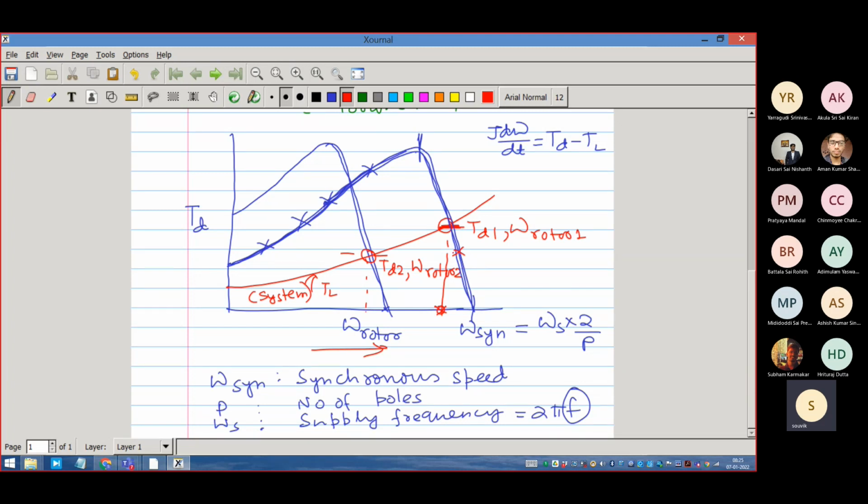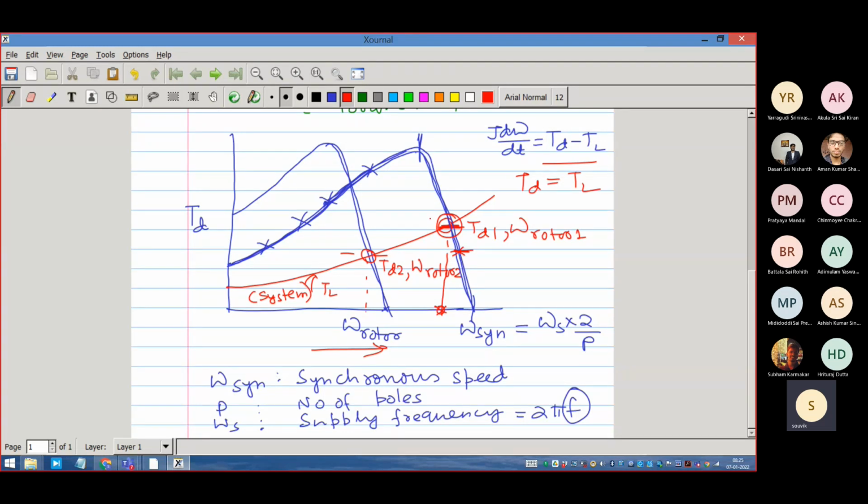The tendency is that the developed torque would be reducing, which means J d omega by dt has now become negative, right? The torque has reduced and therefore it is negative. So the load torque is now more than the developed torque. And in the steady state TD is equal to TL, so it stays there. Then d omega by dt is zero, and that is the steady state point.